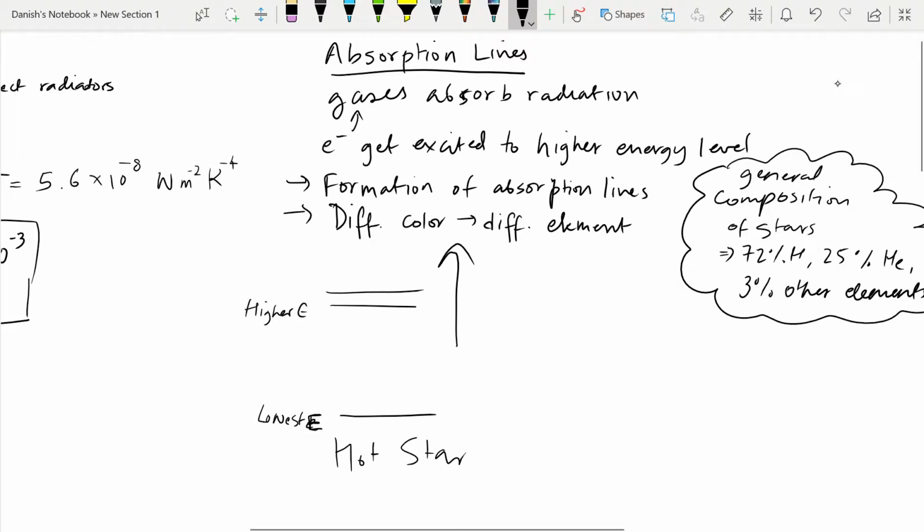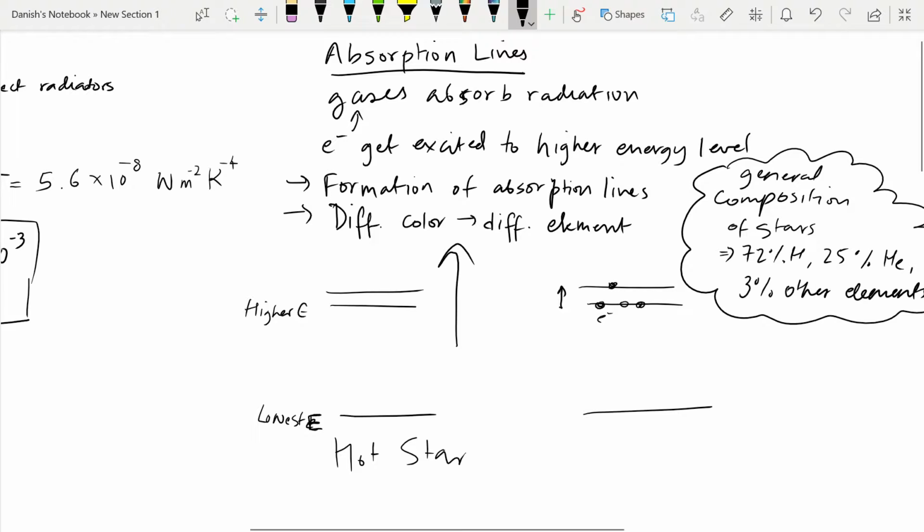If you look at a colder star, not a cold one, but a colder one, here is where the electrons are, mostly. Yes, so we can see that if these electrons gain energy, they will go from here to here, to this one.